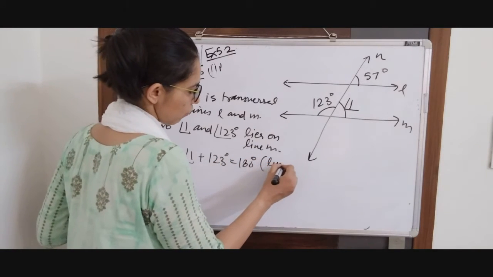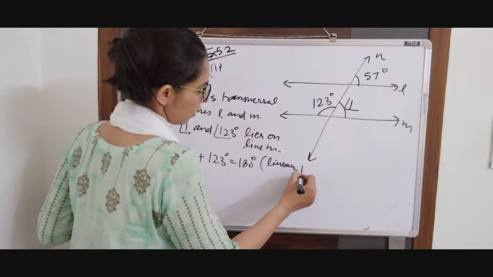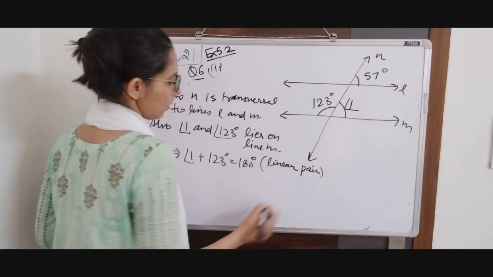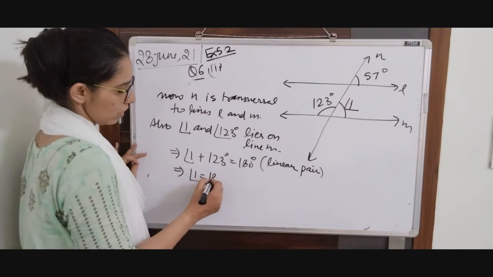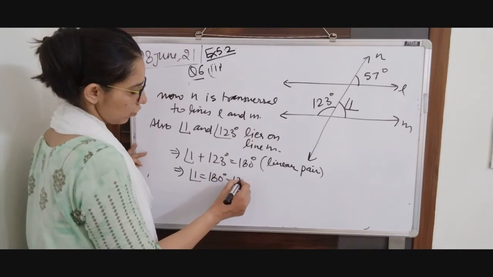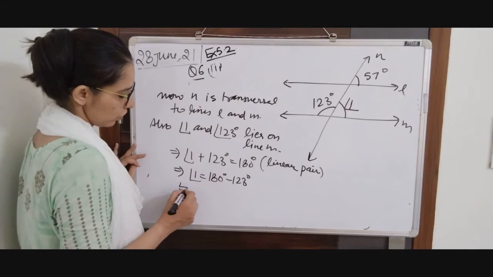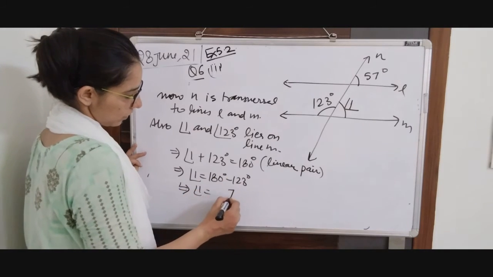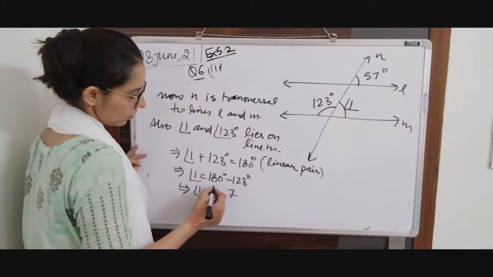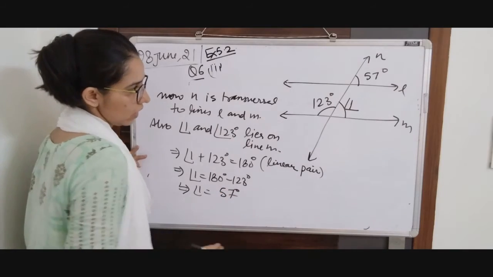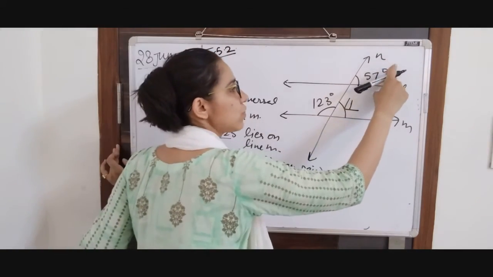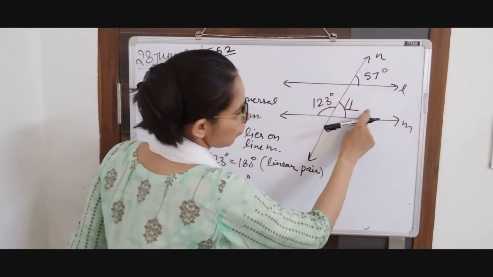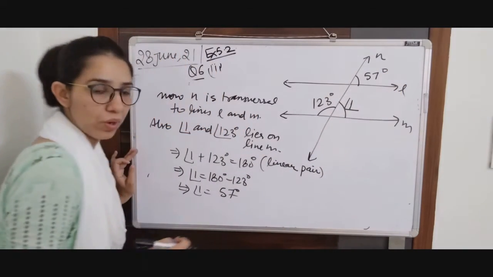Reason being they form a linear pair, or you can say they lie on a line. Which implies your angle 1 is going to be 180 minus 123, which is 57 degrees. Now this angle is 57 degrees and this angle is also 57 degrees. These are corresponding angles and they are equal.